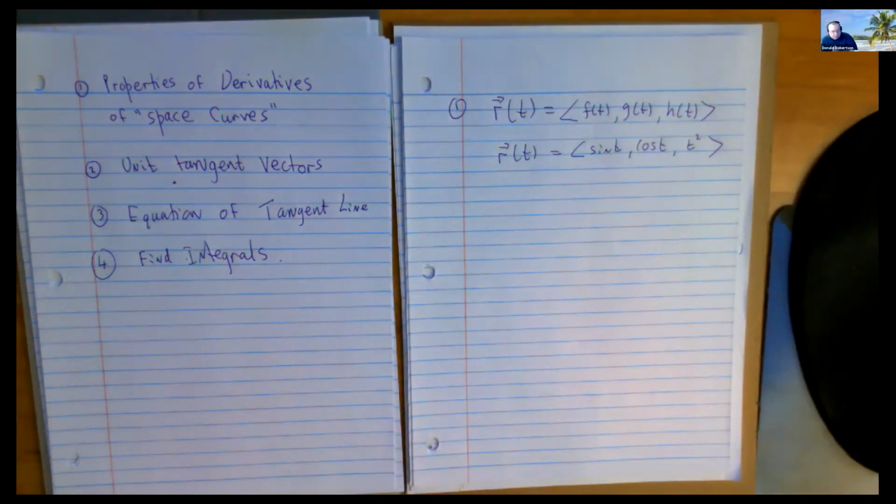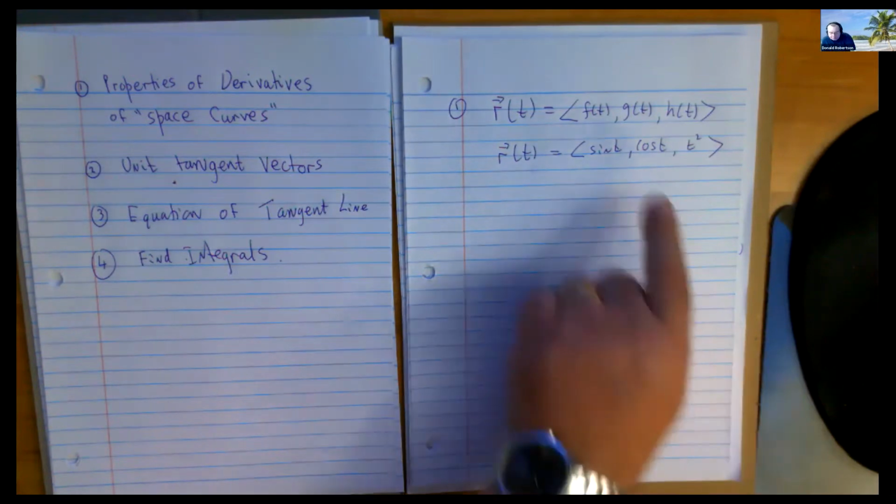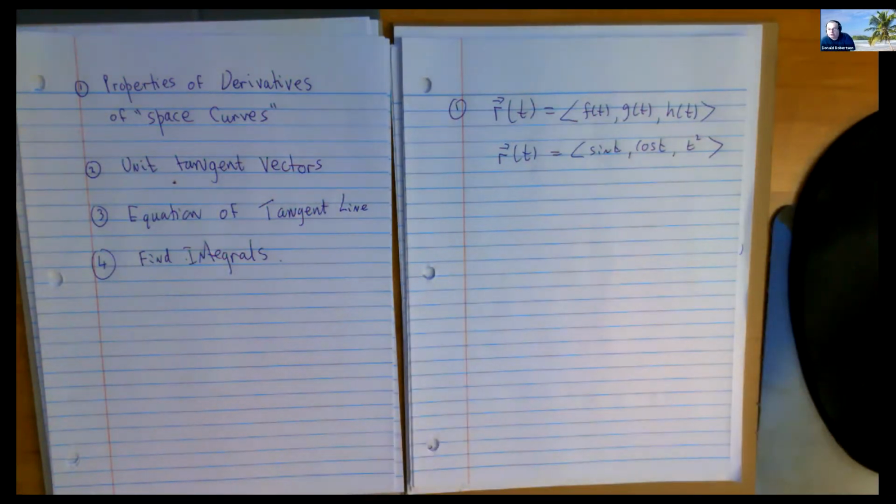Just to get our brains working, I said this is a helix. How do you know it's a helix? Because of what? Function. Okay, Abigail, you can tell me. What are you saying first?